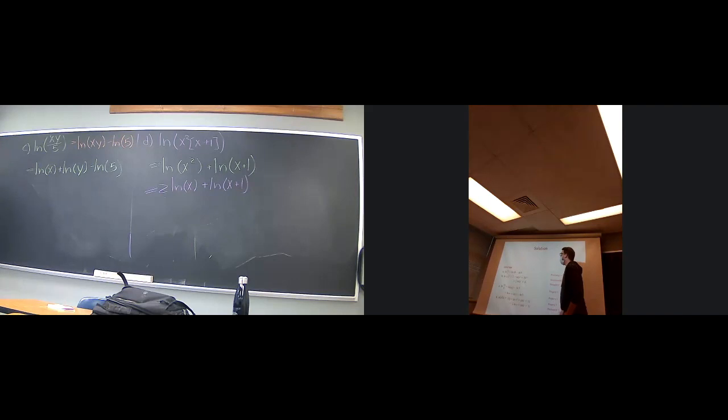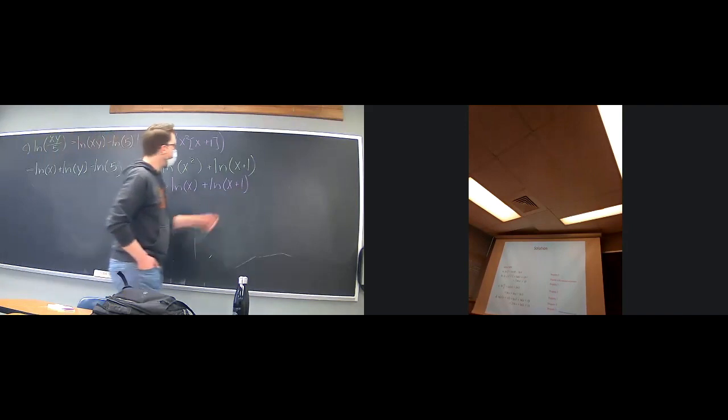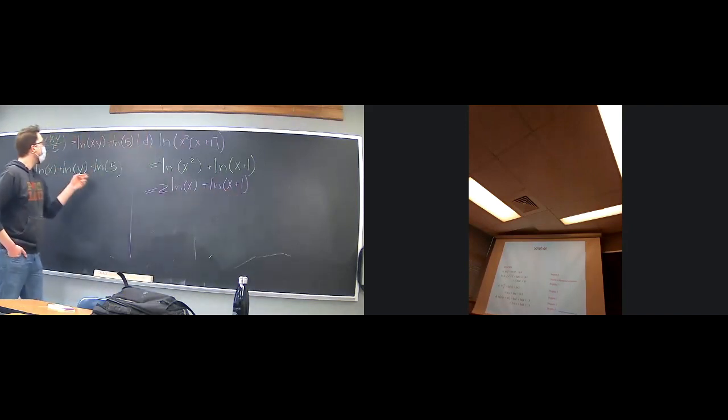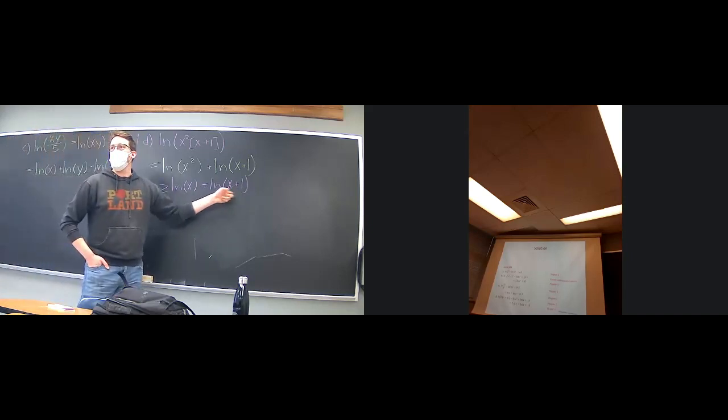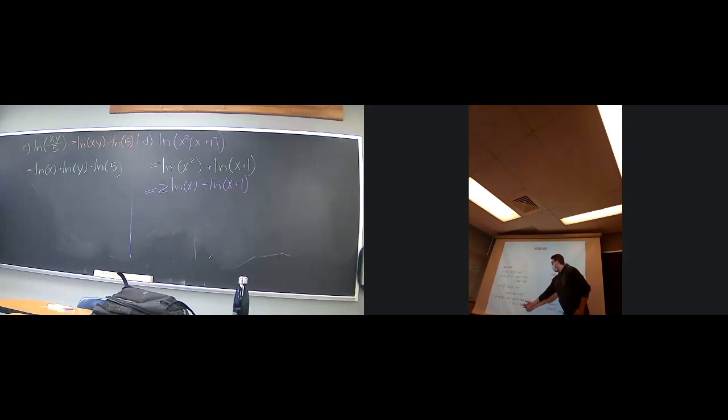Comparing really quickly then what they did for C and D to what I did, same thing, right? Notice whenever we have an addition or a subtraction happening inside the ln, we can't break that up. We have to leave the ln of the quantity x plus 1 together, or x squared plus 1 together, and so forth.